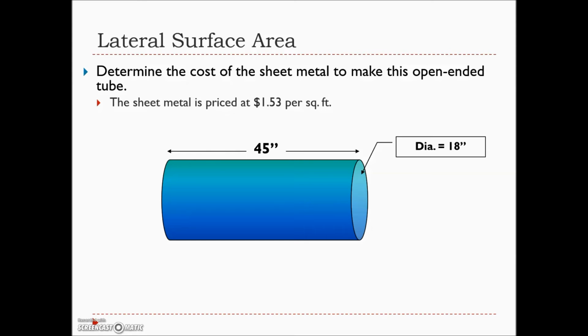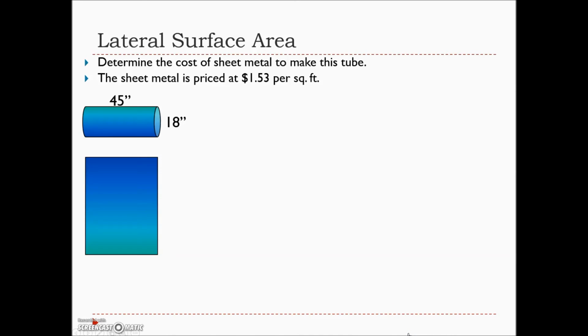Here we have our cylinder. It has an overall length, or if we had this on its end, a height of 45 inches. We have a diameter of 18. When we slice this cylinder, we have a rectangle that's 45 for our height, or length of the rectangle.